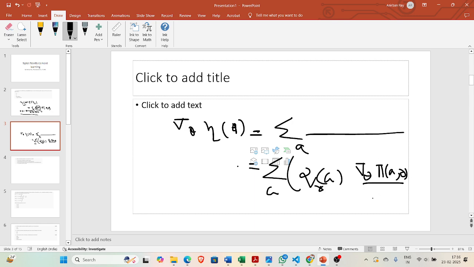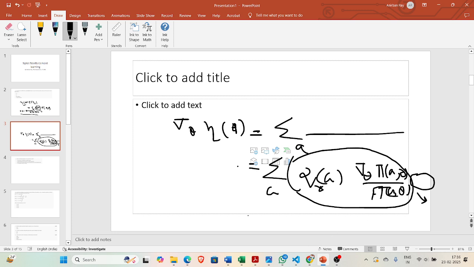So what we do is divide by pi a theta and multiply by it as well. Multiplying by the same thing, it remains the same, but what we can write is that this is the expectation of this quantity with respect to pi a theta.